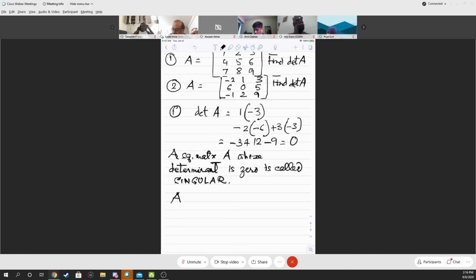A inverse exists if and only if A is non-singular. That is, determinant of A is not 0. And what is number 2?